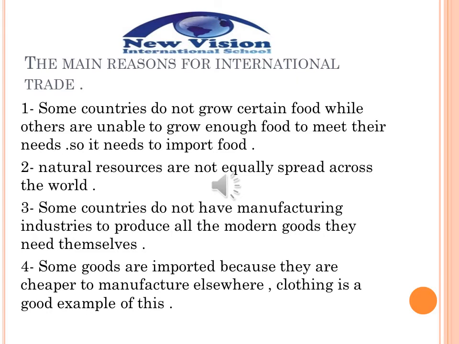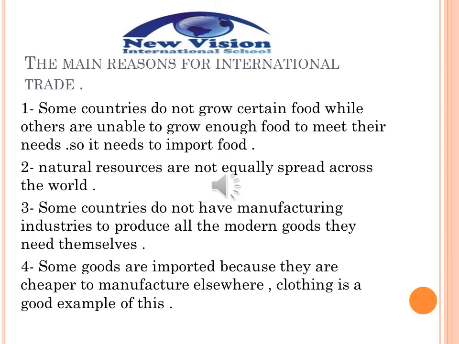And the second point is natural resources are not equally spread across the world. For example, Saudi Arabia has large reserves of oil, while countries like Canada or the USA do not have enough oil to meet their domestic needs.